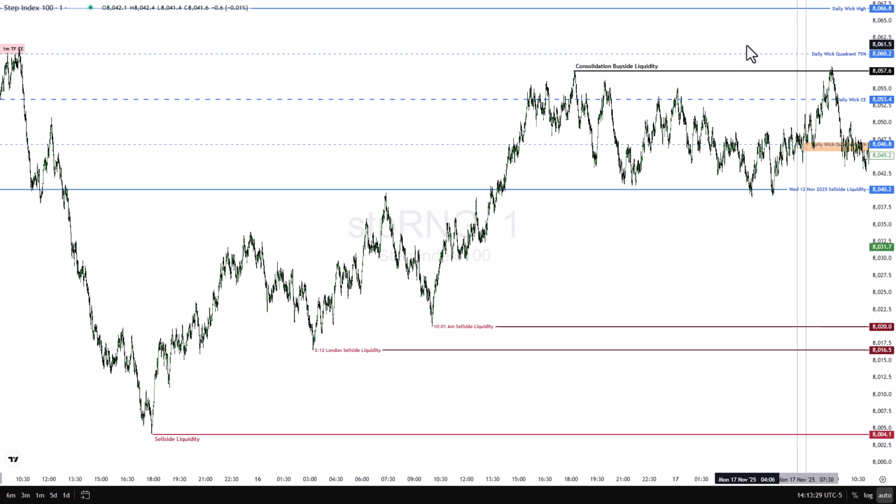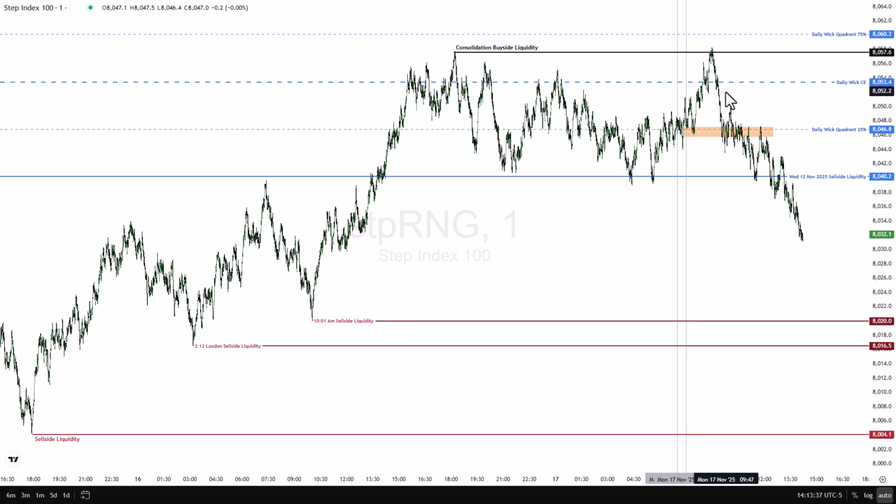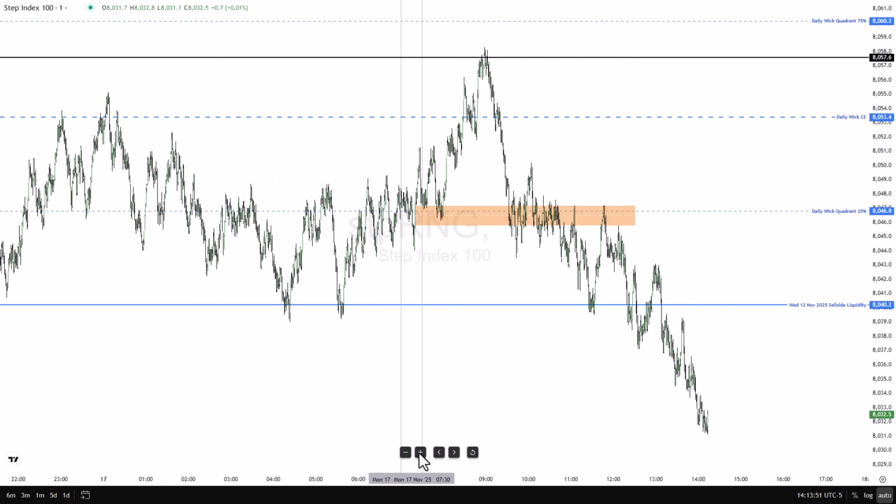Well, that is the problem. It's a huge problem, and I've fallen victim to this type of thinking as well. But the narrative is telling us that we are only going up here in the daily wick consequent encroachment to use it as a resistance. So these daily key levels can be used as support and resistance.